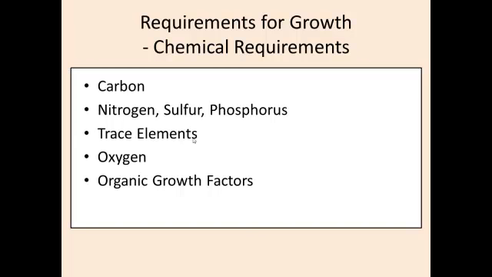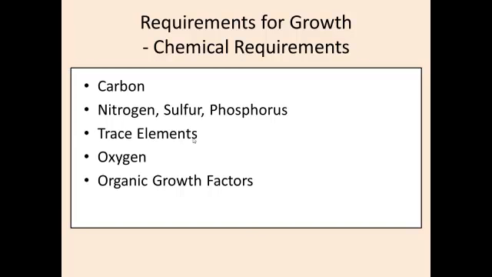And then organic growth factors. Some organisms need big, complex organic molecules. Usually it's because they've been living in association with something else that provides it for them. They can't make it themselves. So, for example, mycoplasmas are bacteria that don't have a cell wall, but they have a really tough steroid-enriched cell membrane.